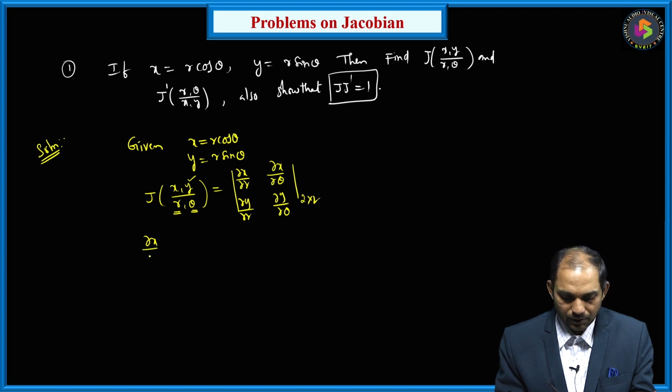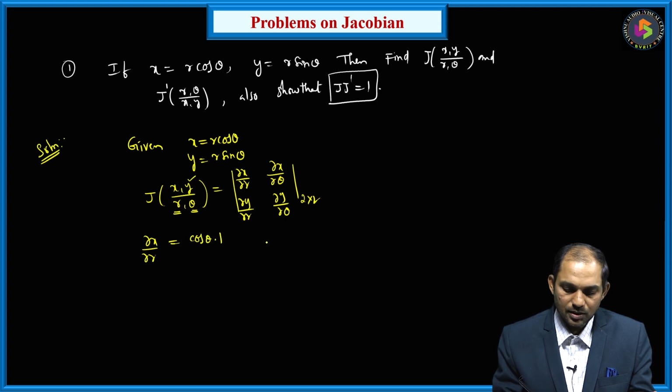Dou x by dou r: differentiating r cos theta with respect to r, cos theta is treated as constant, and the derivative of r with respect to r is 1, so we get cos theta. Dou x by dou theta: r is treated as constant, and the derivative of cos theta is minus sin theta.